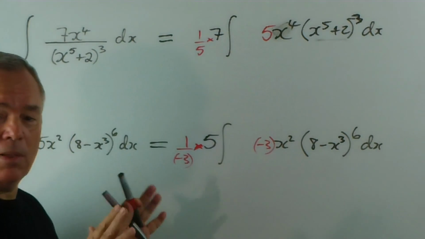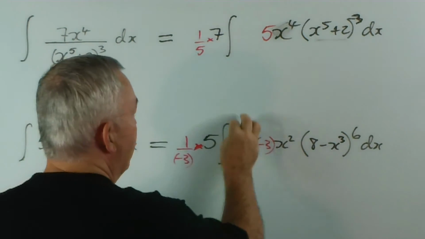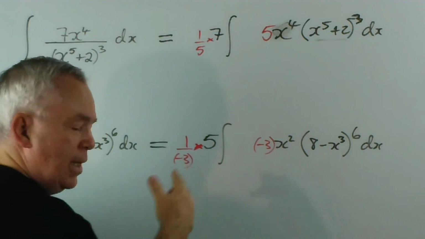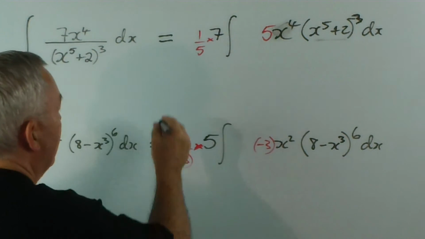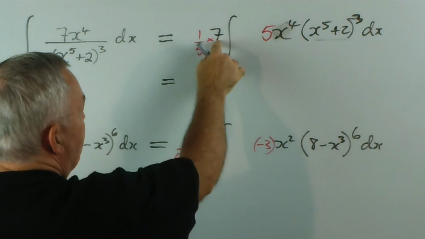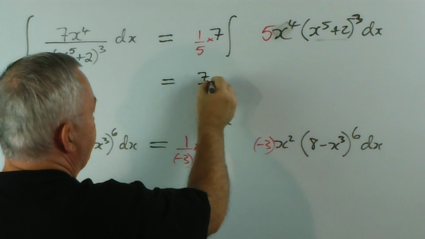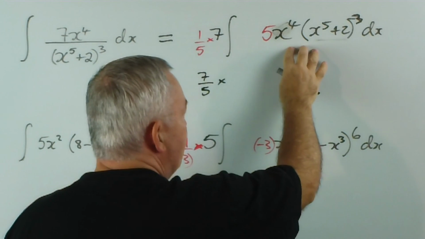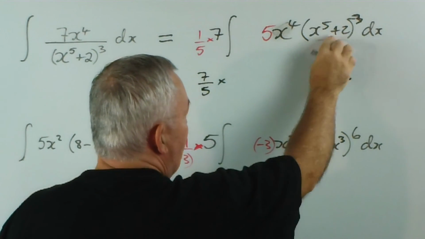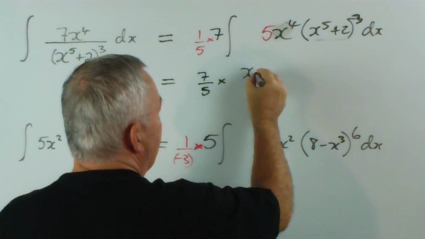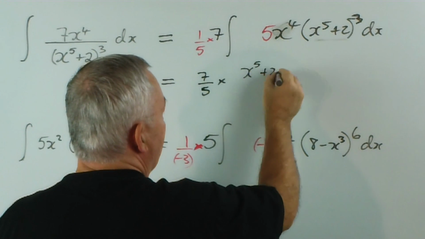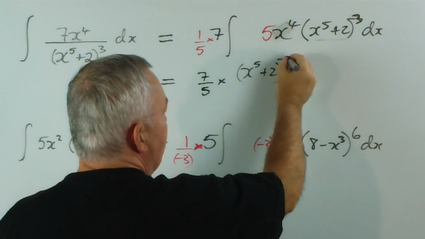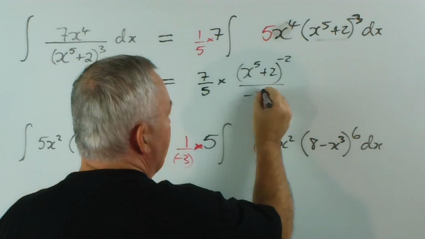And for this second method, that's where we stop. We do not try to create this number because it comes out in the integral. So here we have 7 over 5 times, and the integral of this is this function to 1 greater power, increase this by 1, makes it minus 2, and we just put it over minus 2.